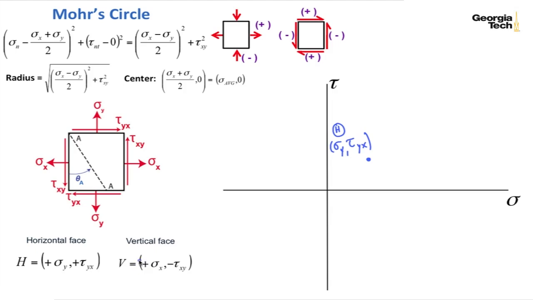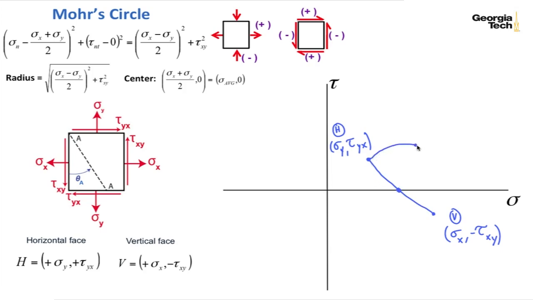I'll assume we'll work with actual numbers in the future for problems that we actually solve, but I'll assume for now that sigma sub x is greater than sigma sub y. And so I come down here, and I've got my vertical face, and it's sigma sub x, minus tau sub xy. I can draw a line in between them, and this will be my center.